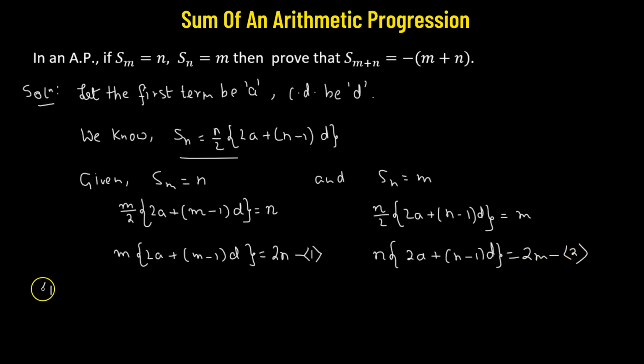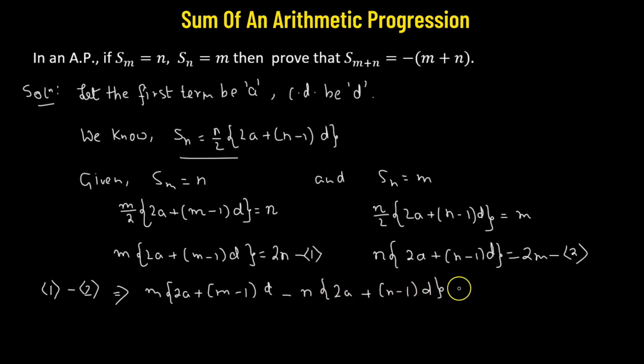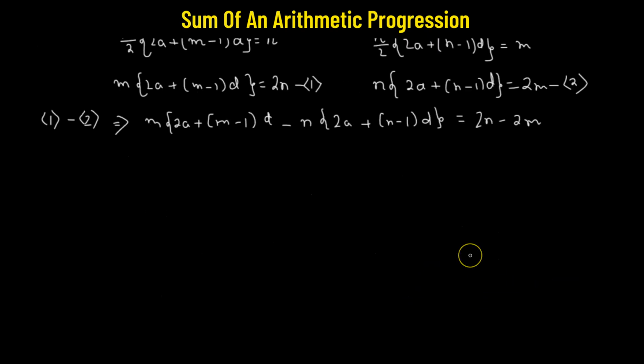The next step, we'll subtract equation number 2 from equation number 1, such that we have m times 2a plus m minus 1 times the common difference d, minus n times 2a plus n minus 1 times d, equals 2 times n minus 2 times m. So let's further simplify.